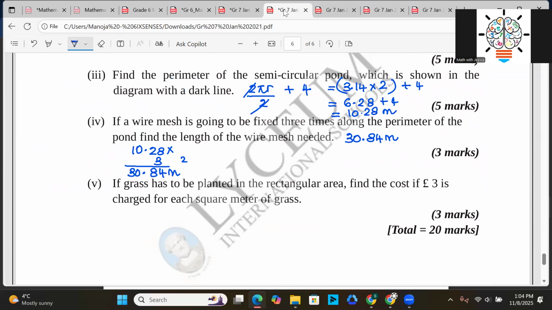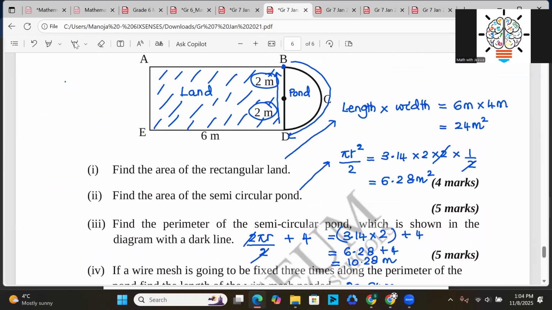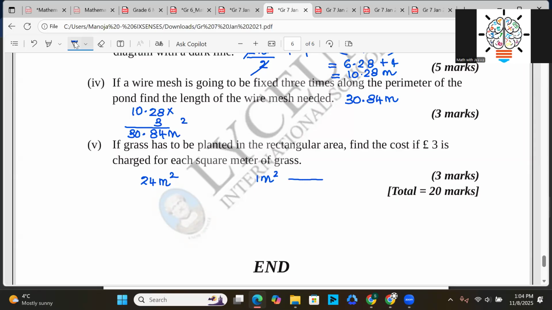If grass has to be planted in the rectangular area, right? Now the rectangular area is what, children? It is 24 meters squared now. So the rectangular area, it is the land, 24 meters squared, that is the area. And you want to find the cost if 3 pounds is charged for each square meter. So then for 1 square meter, the cost is 3 pounds. Now here in this rectangular land, we do have 24 meters squared.